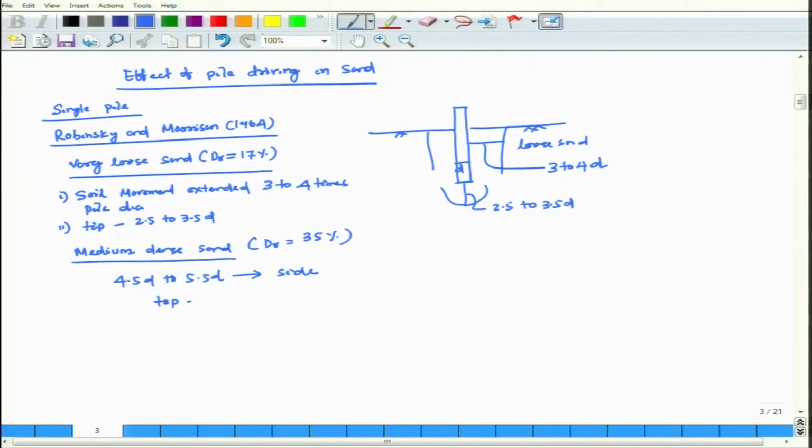Tip, you can say it is 3D. This is what has been proposed. Then what has Kishida done?